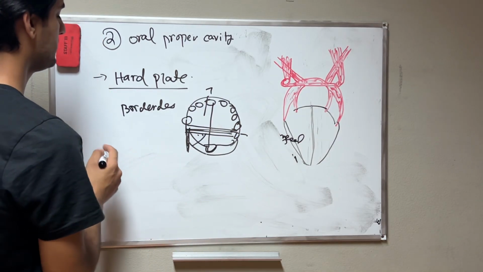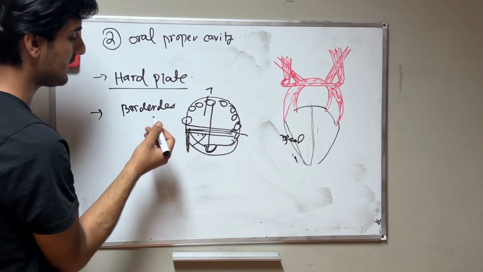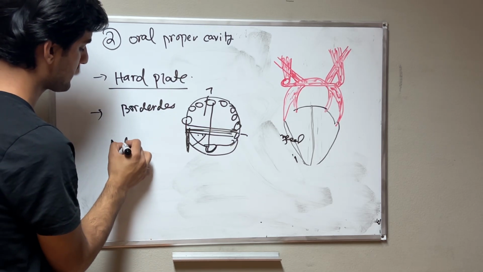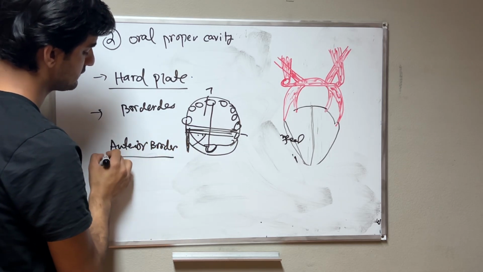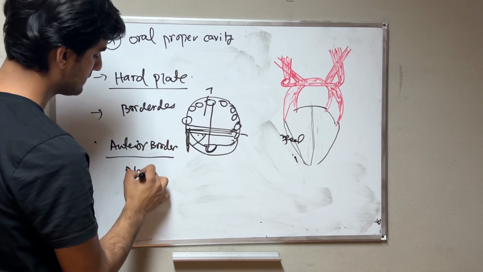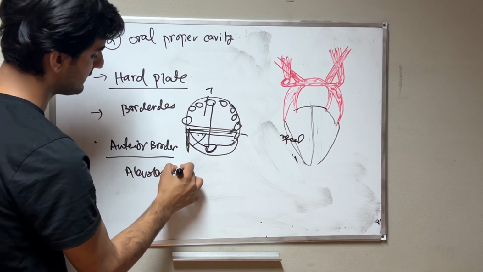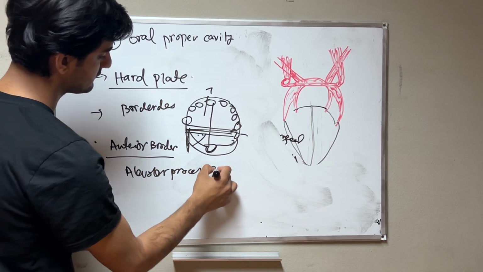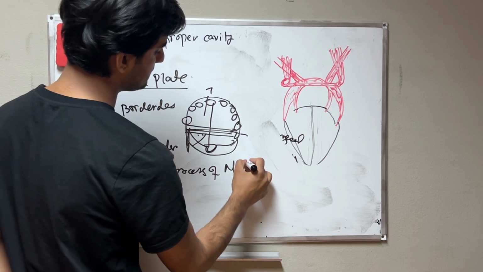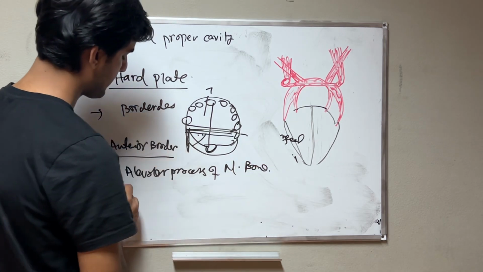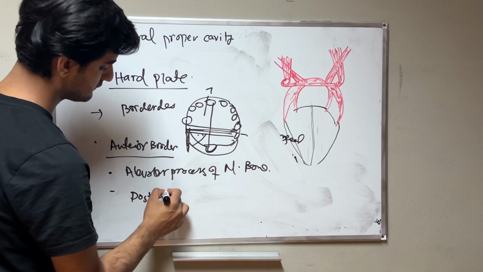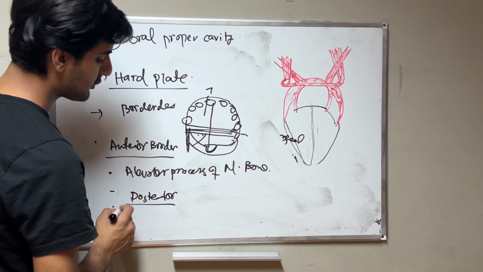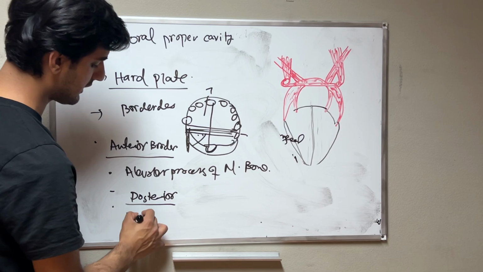Now if we continue with the borders of the hard plate: the anterior border we have the alveolar process of the maxilla bone, and the posterior border we have the horizontal plate of the palatine bone.